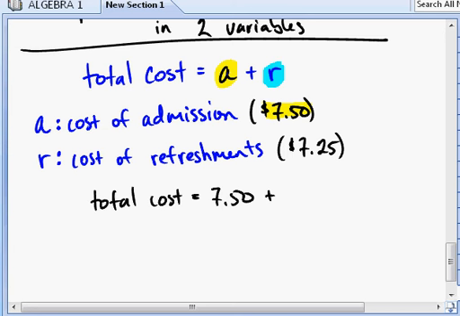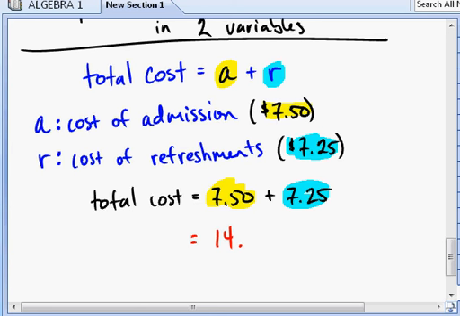So the total cost here is 7.50 plus 7.25. So we did the substituting, now we have to do the operation, exactly. Which is what? $14.75.